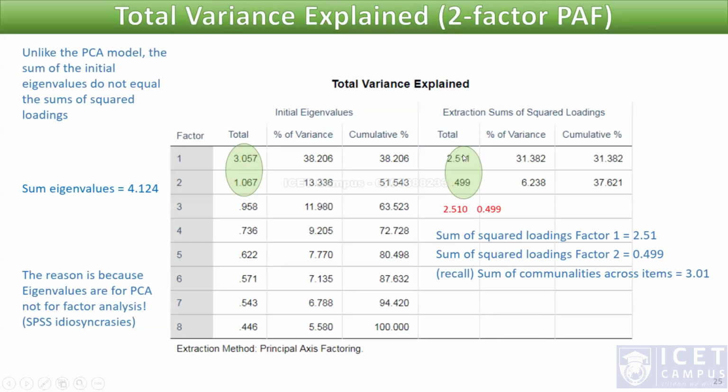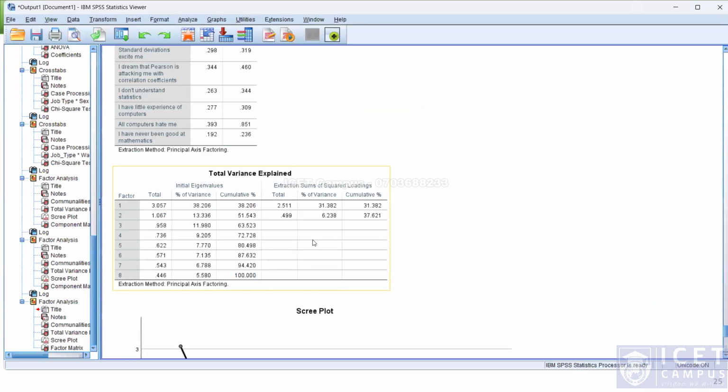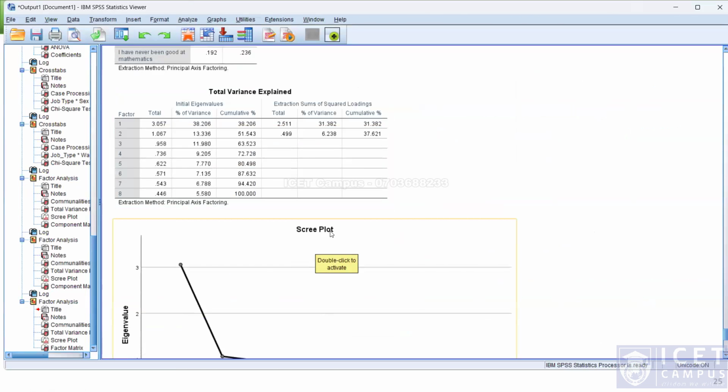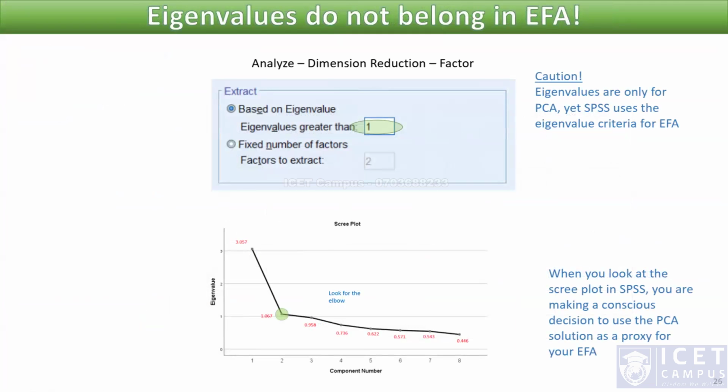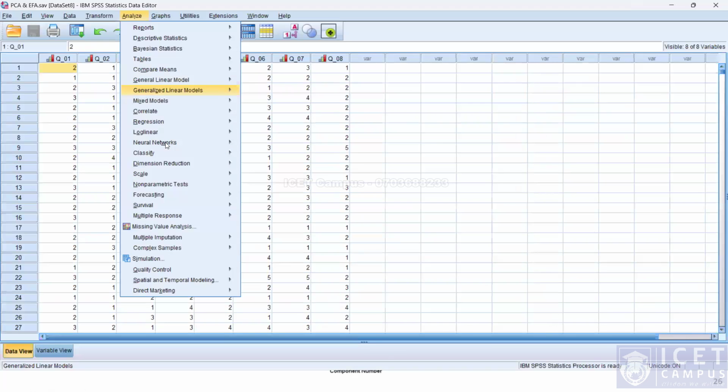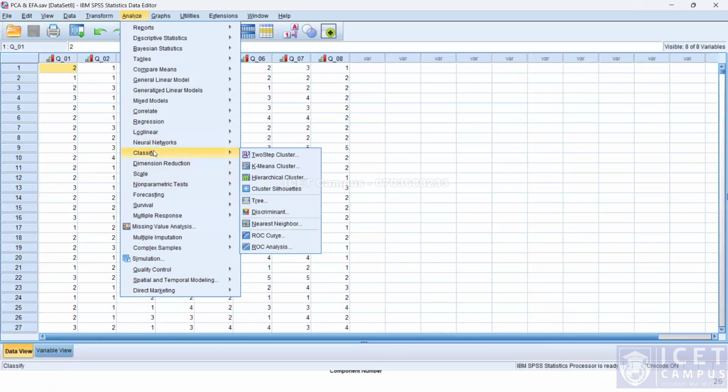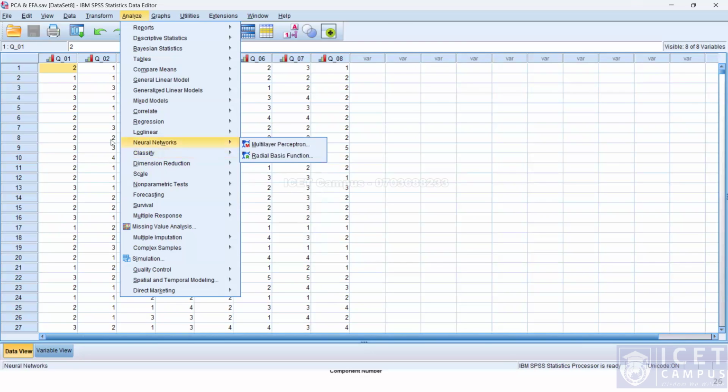Now here it's given the number of factors, but we'll see how we can do the factor analysis using these eigenvalues. Again the same one: Analyze, Dimension Reduction, Factor.